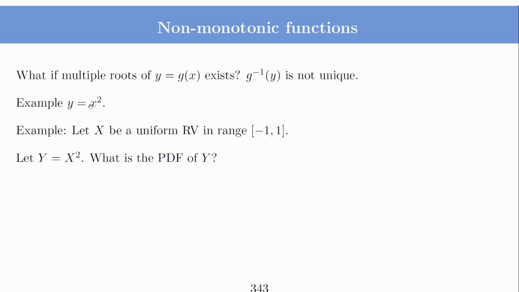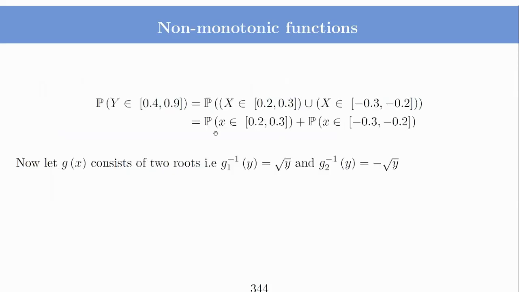So what should we do if we want to compute the density of this random variable x square? The first thing we notice is that if we want the probability of any interval, say 0.4 to 0.9, this means the probability that x square is between 0.4 and 0.9. So here two different events can occur. Either x is between 0.2 and 0.3, or x is between minus 0.3 and minus 0.2.